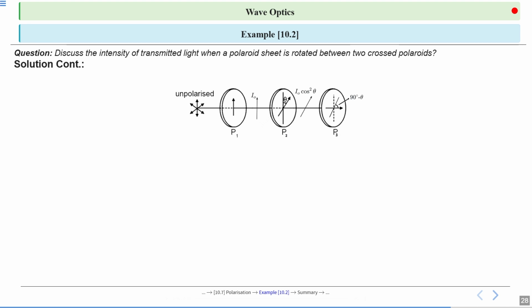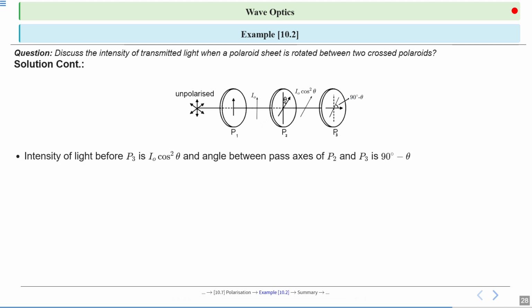So here we have an image again. Before the light reaches P3, its intensity is given by I naught multiplied by cos square theta. Now light is transmitted through P2 and it is incident on P3. The light incident on P3 has intensity I naught cos square theta.